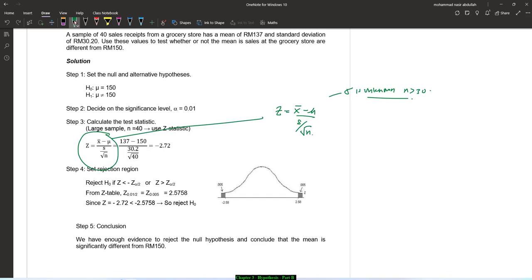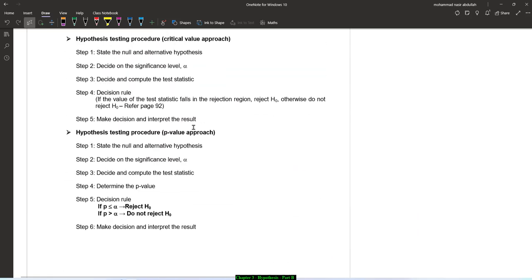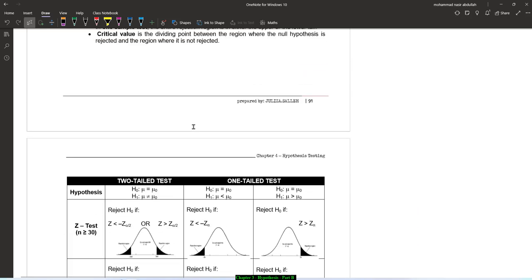When the population standard deviation is known, n doesn't matter whether it is more than 30 or less than 30, so we use the Z distribution: x bar minus mu divided by sigma over square root of n. This is the formula we looked at in the last class. Remember?